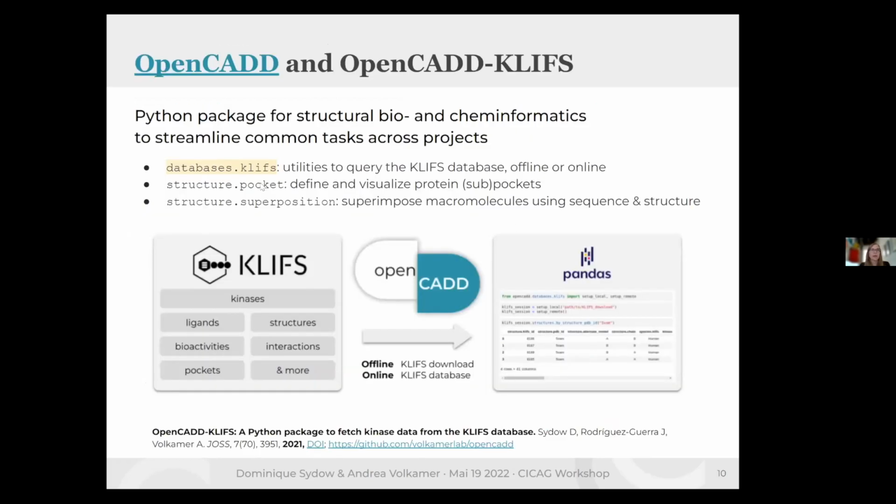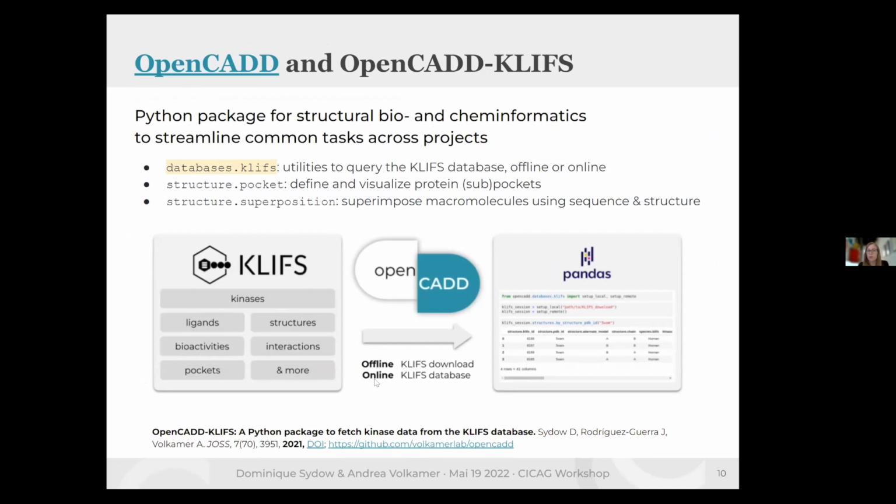So as I said, first we developed OpenCADD, and OpenCADD-KLIFS is part of this module to have Python code available for structural bio and cheminformatics tasks. The modules that are available and of interest here are databases KLIFS, which can be utilized to query the KLIFS database.